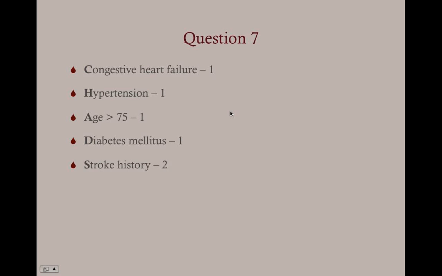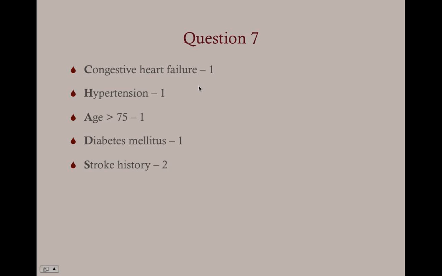If you go back to the lecture that I did on atrial fibrillation, you'll see what the percent risk is. It goes from a point of 1 all the way up to points of 6, and if you have all of these, it goes anywhere from like 1% up to like 16% annual risk. So remember the mnemonic is CHADS-2.